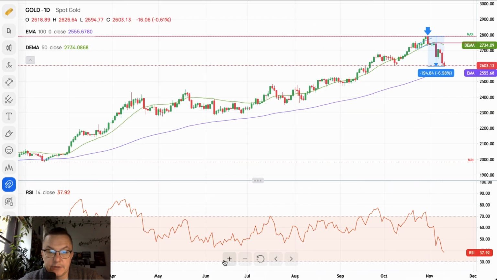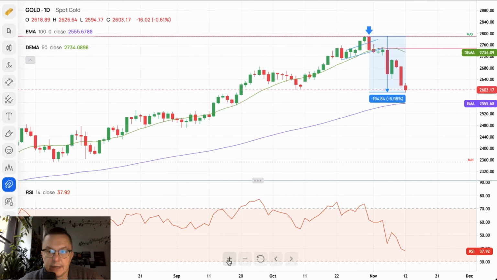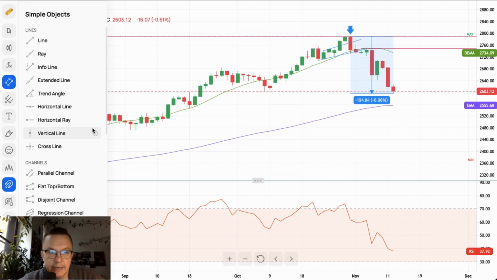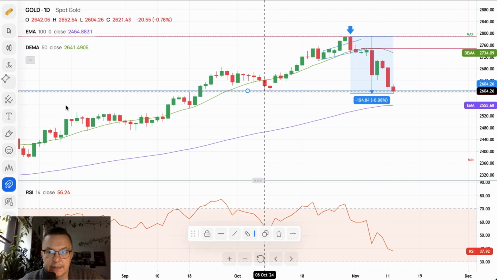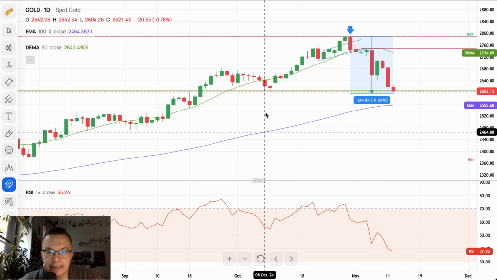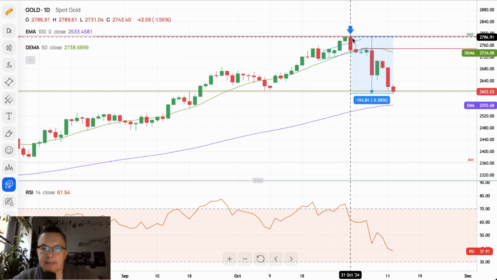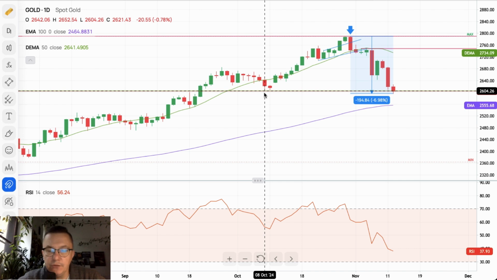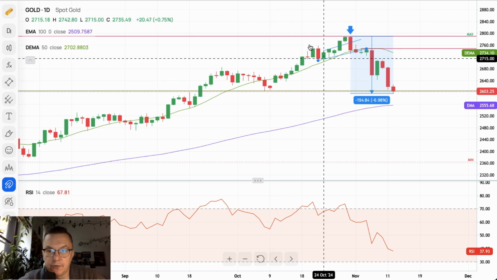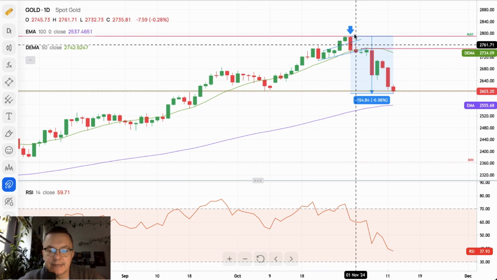Nevertheless, what's so interesting here on the daily time frame chart, is that we actually are testing and almost breaking below 2,604. This is the technical support made on the beginning of October 2024, and that constitutes the bottom for the correction, and 1, 2, 3, 4, 5 waves up, the last 5 waves up on the gold market.